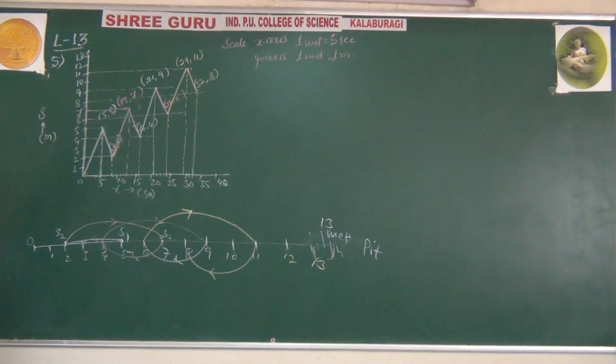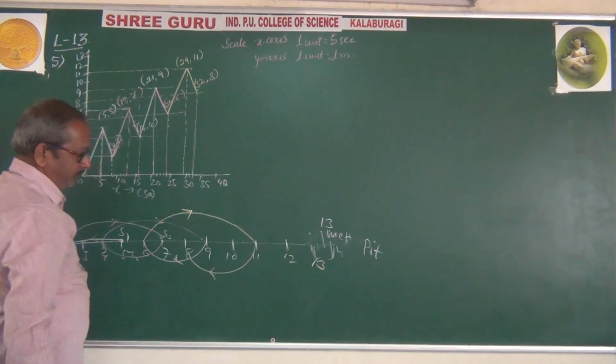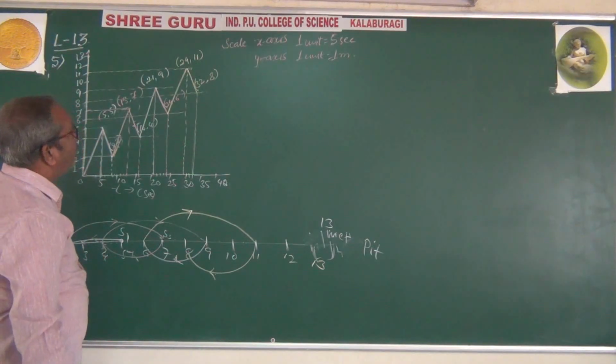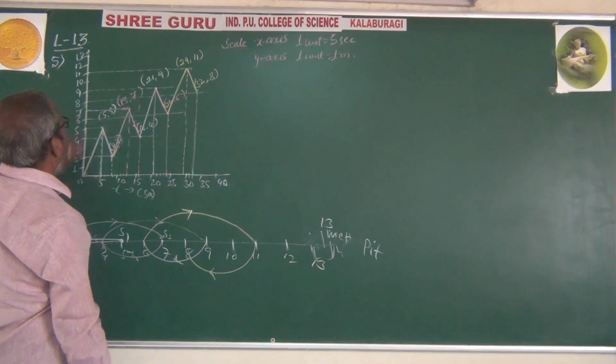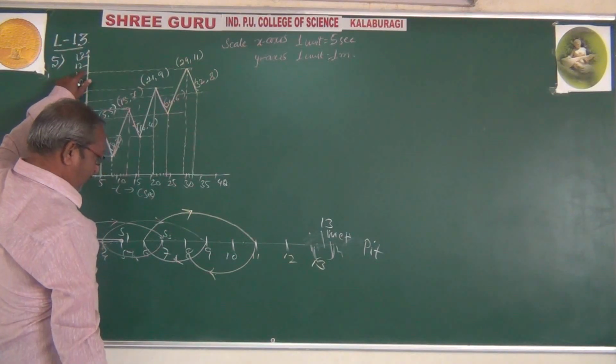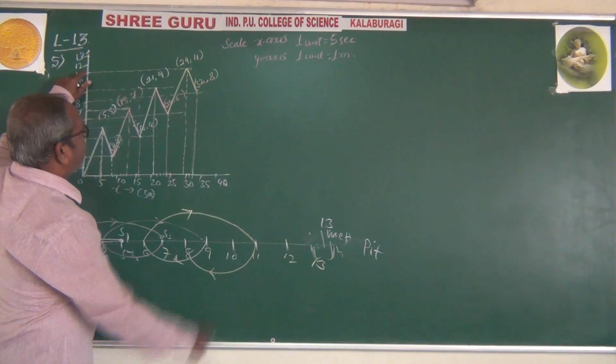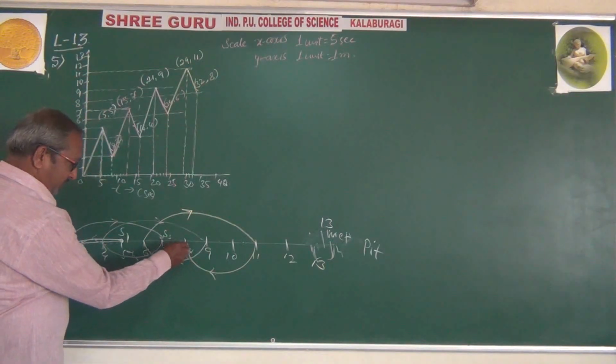Then after this he will go 5 meter forward. How many meters? 5 meter forward. Where is his position? The 11th meter position. He will come back 3 meters, to the 8th position here.